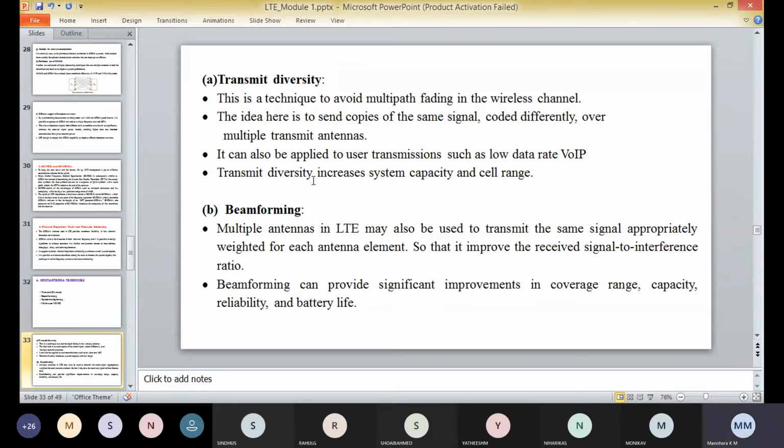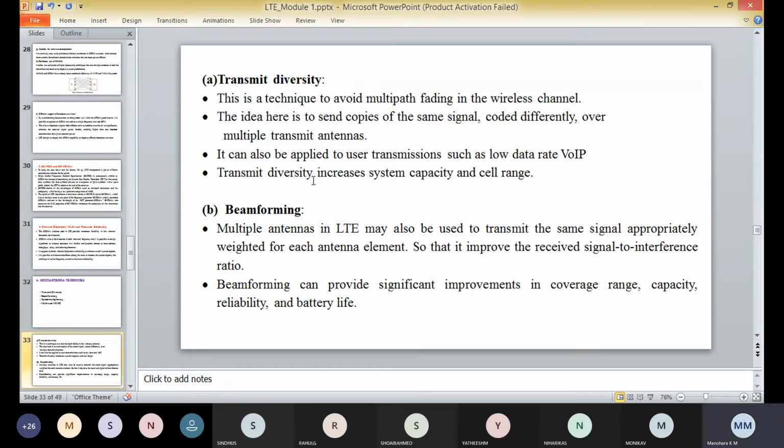In the downlink channels only we are using this transmit diversity, and the transmit diversity is going to increase the system capacity and the range of the cell.